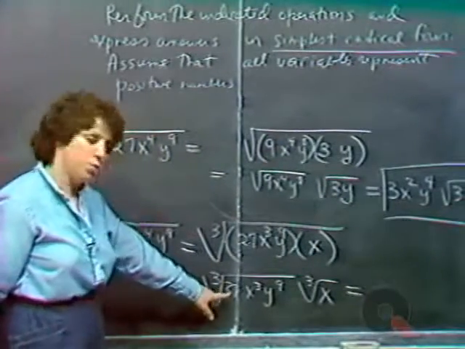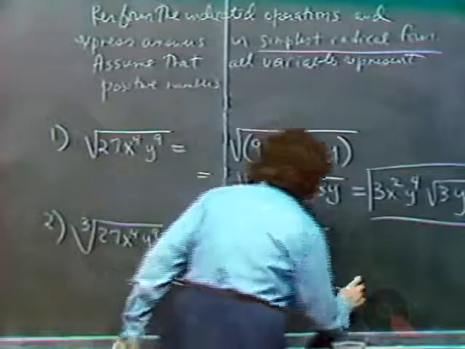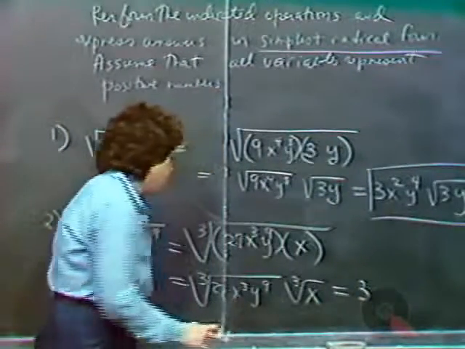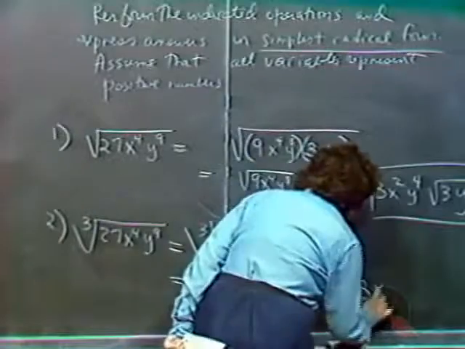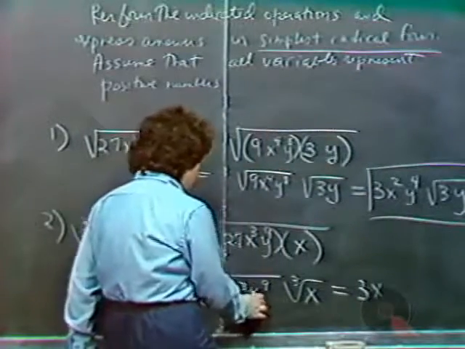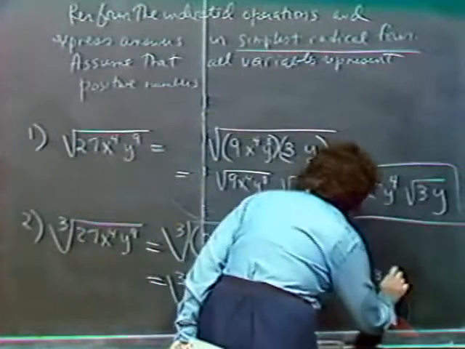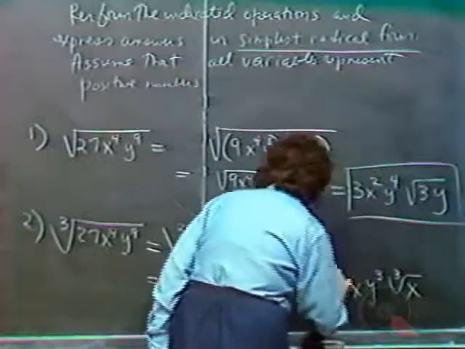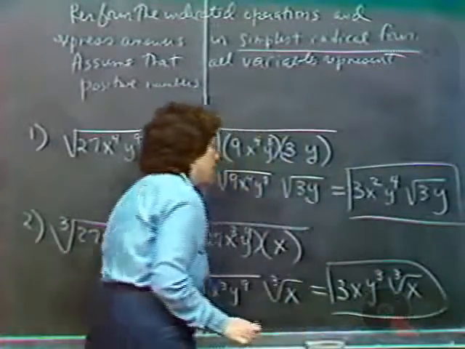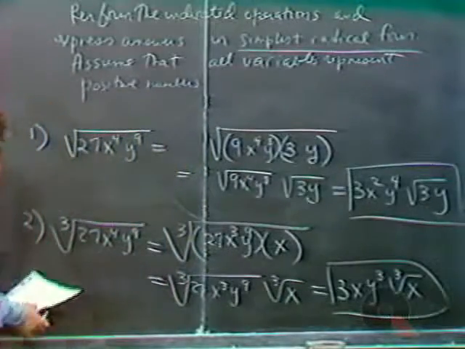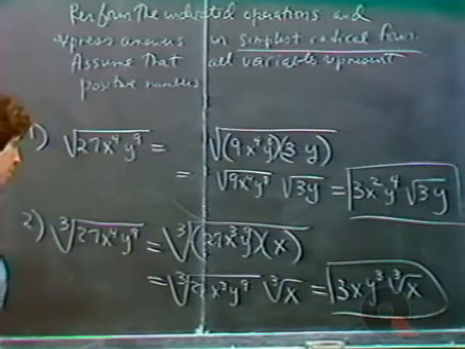The cube root of 27, that's 3. The cube root of x cubed is x. And the cube root of y to the 9th is y to the 3rd, times the cube root of x. So here we get 3xy cubed times the cube root of x.